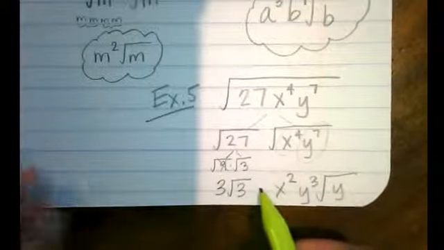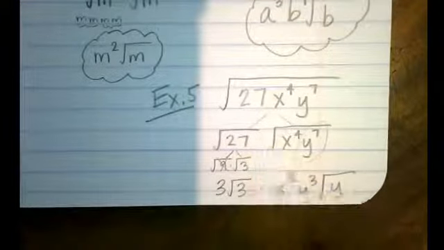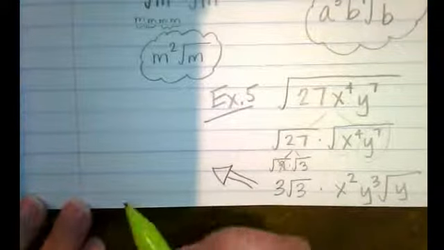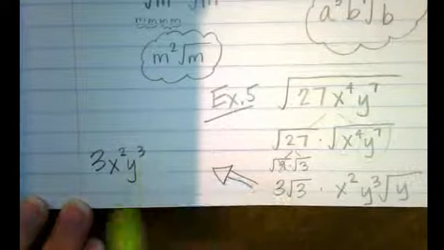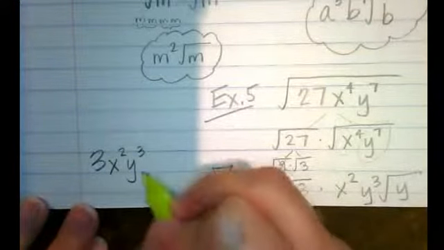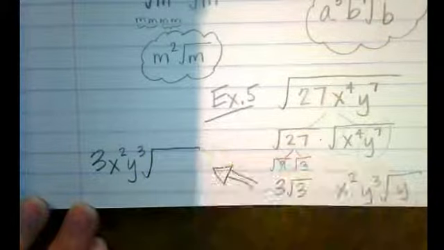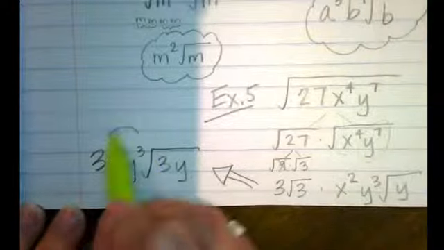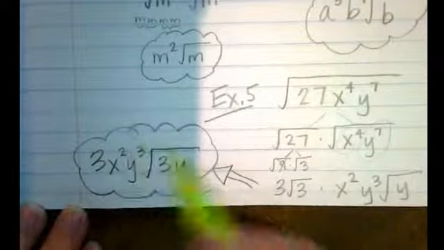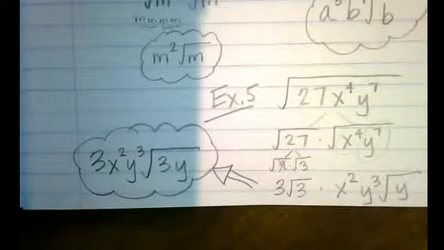So then, if I multiply all this together, because all of this is multiplication, I ran out of space, so I'm going to put my answer over here. Outside of the square root, I ended up with 3x squared y cubed. And inside the square root, I'm left with 3y. So that is my simplified answer.